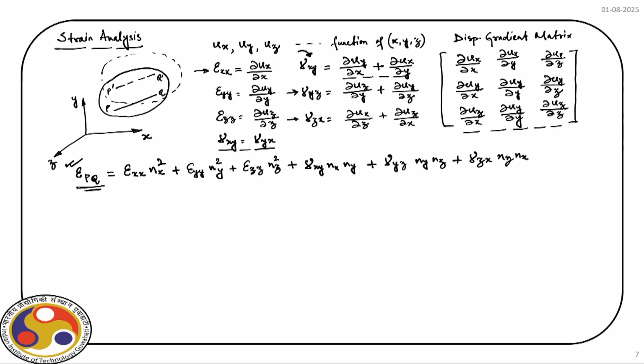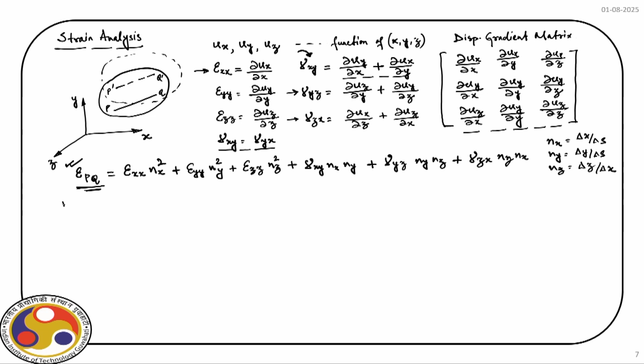Now, you see in this problem we started with PQ, then we end up with P prime Q prime, right. For this PQ, we again define nx as delta x by delta s, ny is delta y by delta s, and nz is equal to delta z by delta s, right. Now, the question is, we have another set of direction cosines nx prime, ny prime and nz prime.